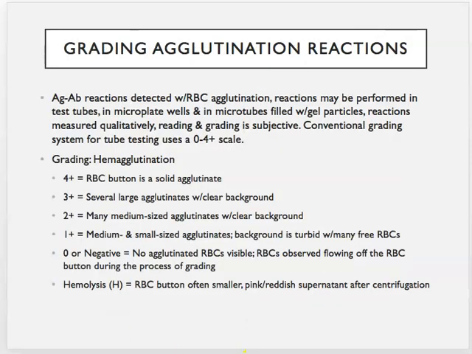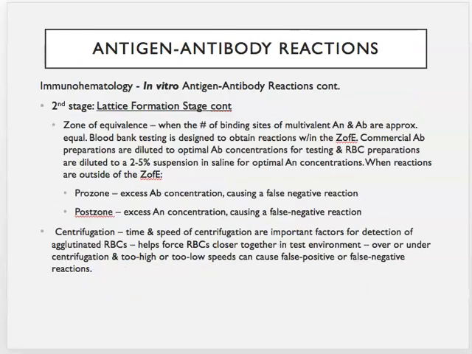Okay, the last little bit that we're going to talk about in this video are, oh wait, I think that was one thing I forgot to mention. Centrifugation is one of the things that can play a role in either prozone or postzone. The time and the speed of the centrifugation are important factors for detection of those agglutinated red cells.